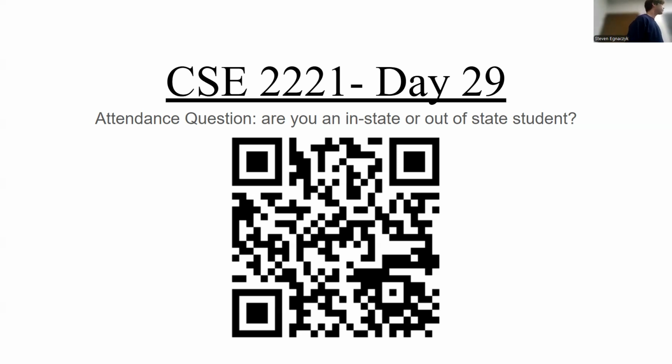If you're writing a recursive method for this class or for any class in the future, you must ask yourselves these three questions. Have I made the problem smaller each time that I call the recursive call? And do I eventually have a base case? If you miss one of these, your code will not work. So you must have all three of them.